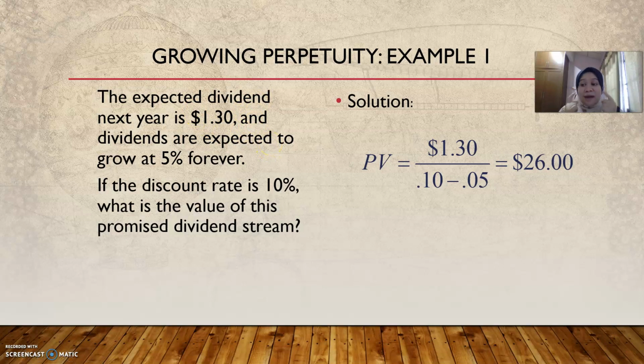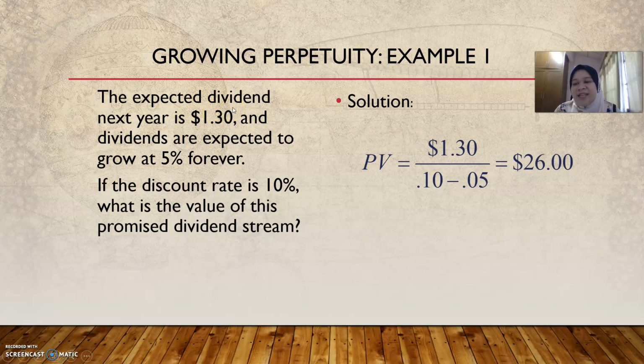So mark my word, if the question gives you the dividend last year or the current dividend, you need to find the next year dividend. So how are you going to find it?